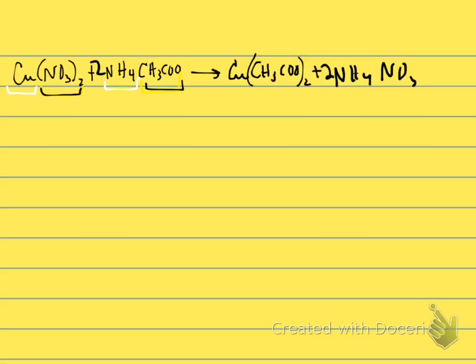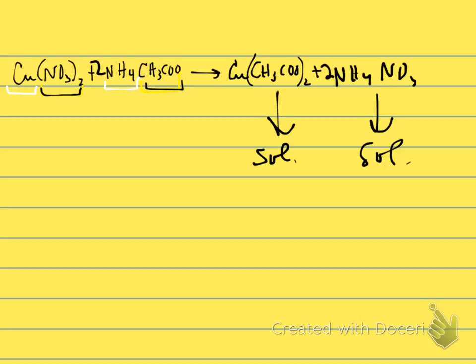We now have the ability to predict solubilities, which we couldn't do before. So you can use your quiz and look up copper acetate. Is that soluble? What about ammonium nitrate? Is that soluble? Well, guess what? Both of our products are soluble. Would we have a precipitate?